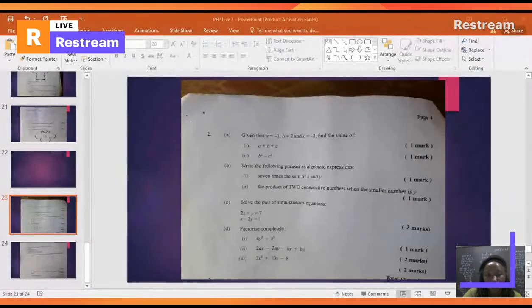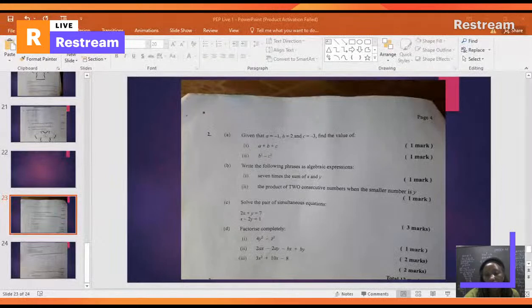How much does that give? -1 plus 2 would give +1, minus 3 would give -2. So the answer would be -2.